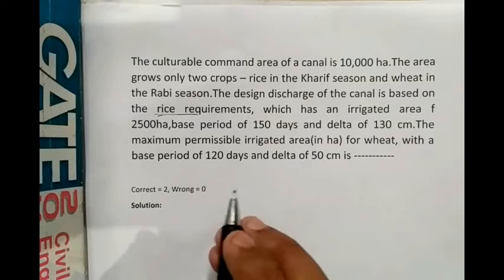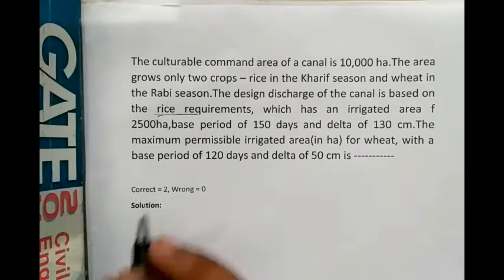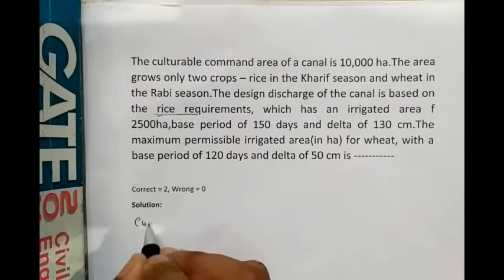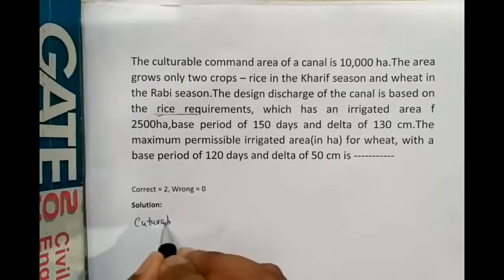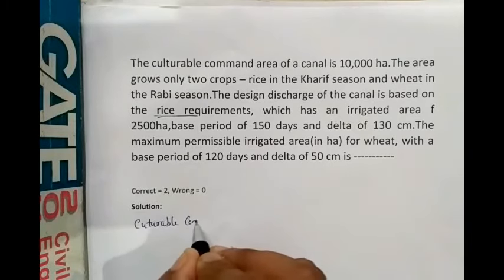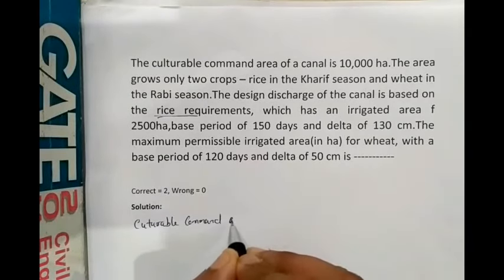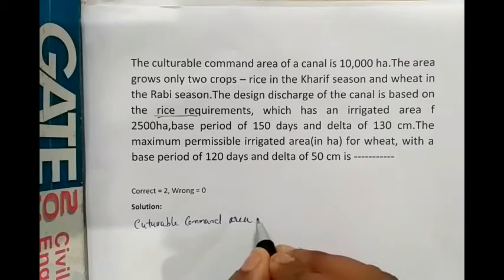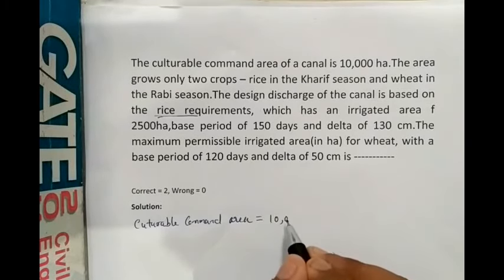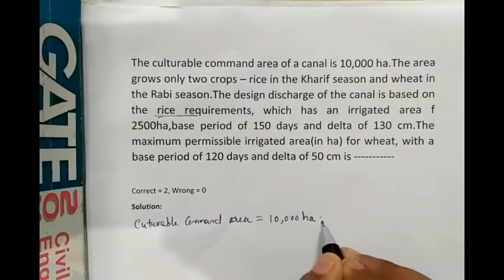Okay. So first of all, we have the cultivable command area equal to 10,000 hectares.